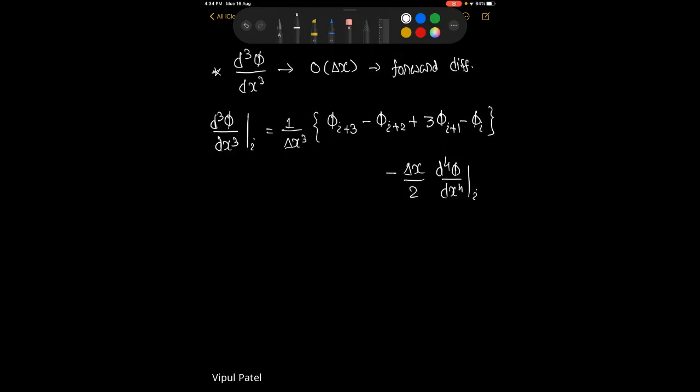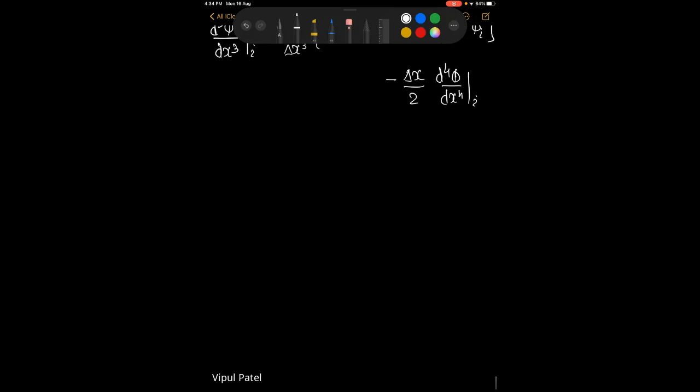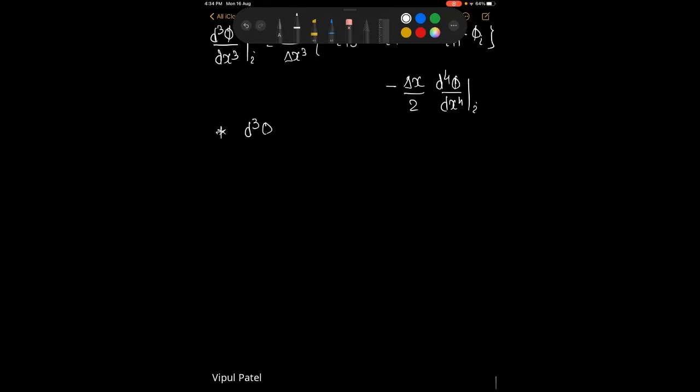But if you want a second order accurate d cube phi by dx cube, then you have d cube phi by dx cube with an accuracy of delta x square, again with the forward difference scheme.